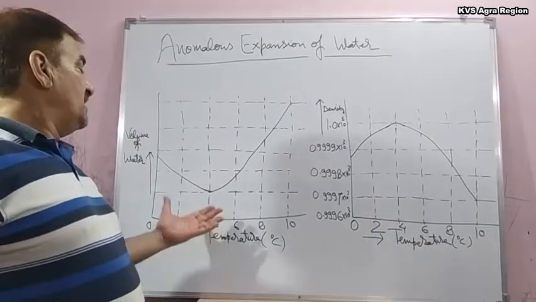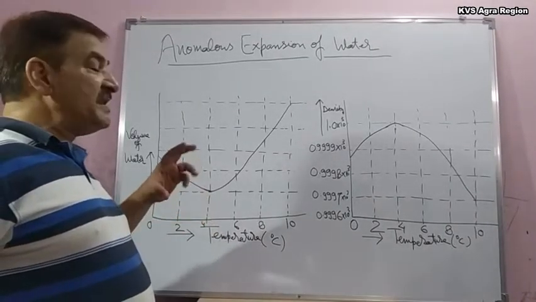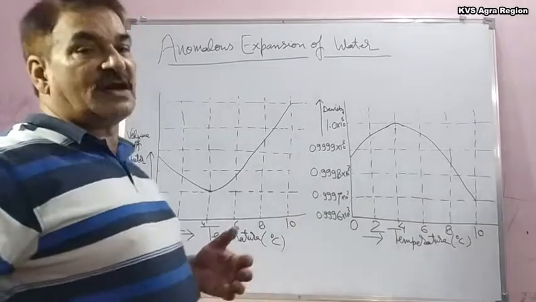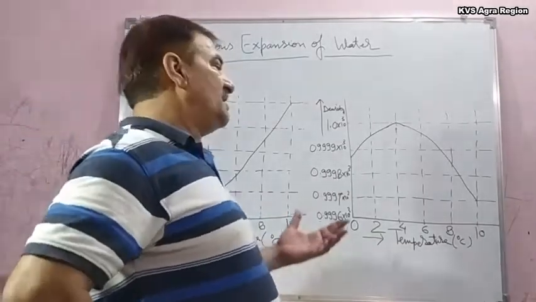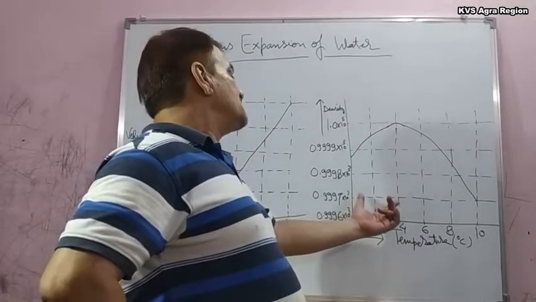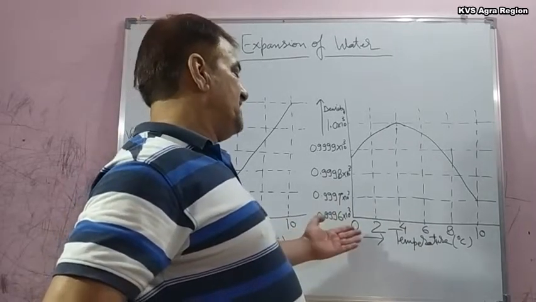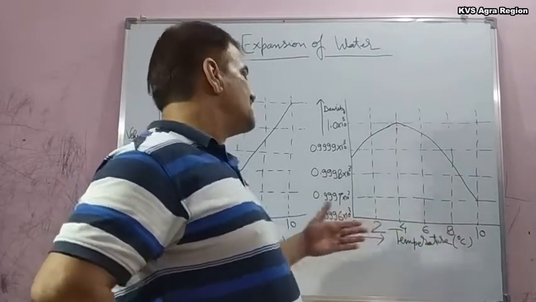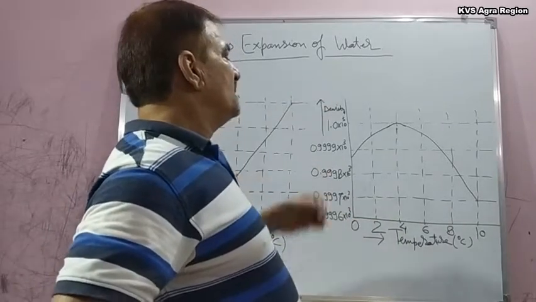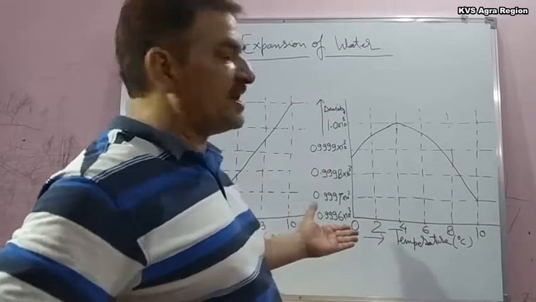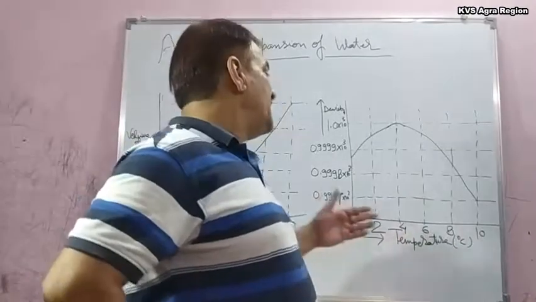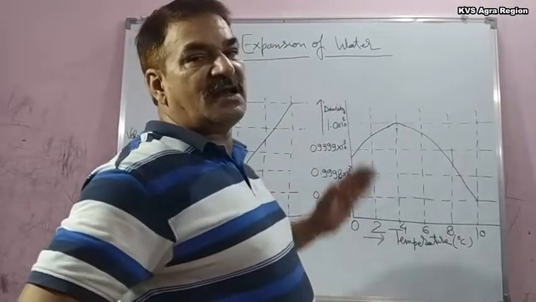And due to this, what will be the variation in the density of water, we can see from the second graph. Here we have taken temperature on the x-axis and density on the y-axis. Temperature has been taken in degrees Celsius and density in kilogram per meter cube.